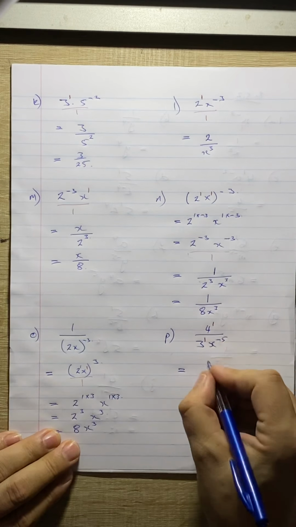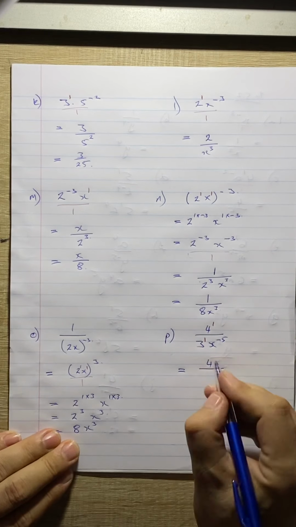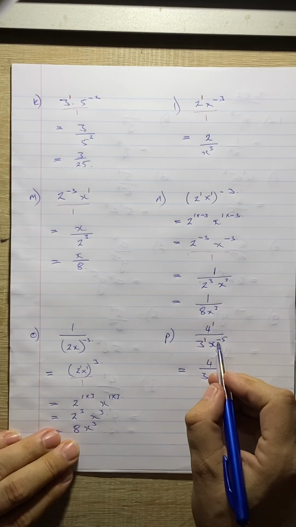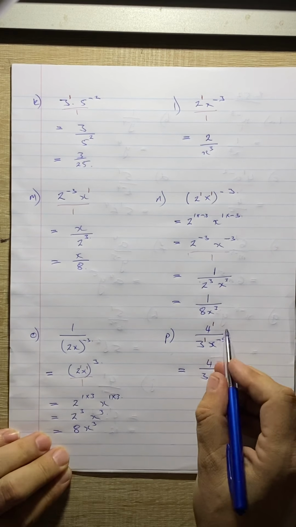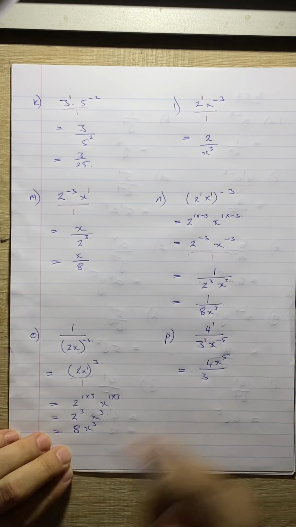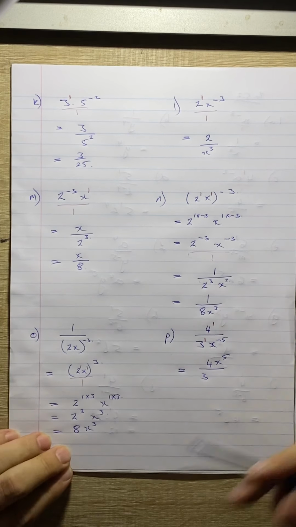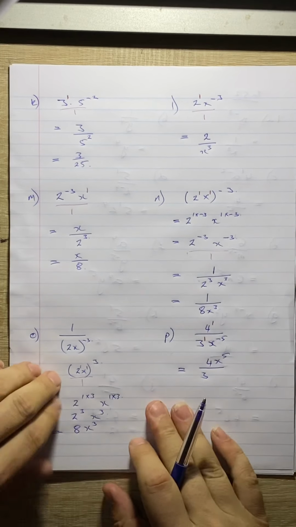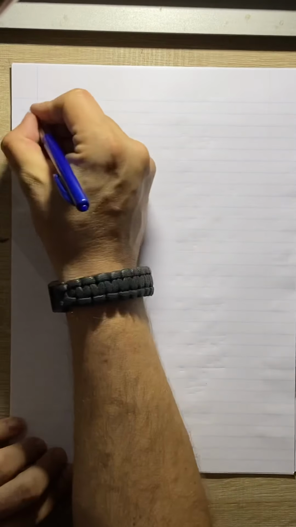So the 4 is happy, the 3 is happy. This has got a negative exponent, so it wants to be at the top. So this becomes x to the 5. And that's your final answer. Again, I don't have to put the 1s in there. It's the same thing. Okay, where are we? Question Q.